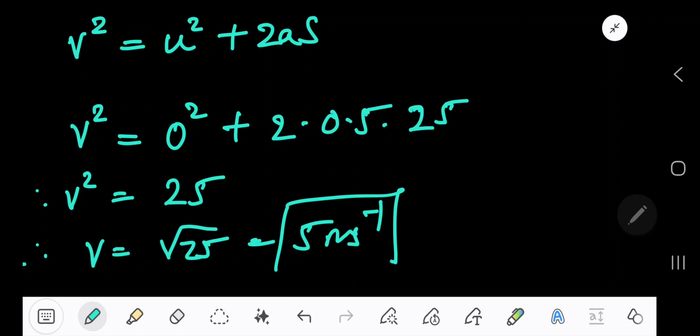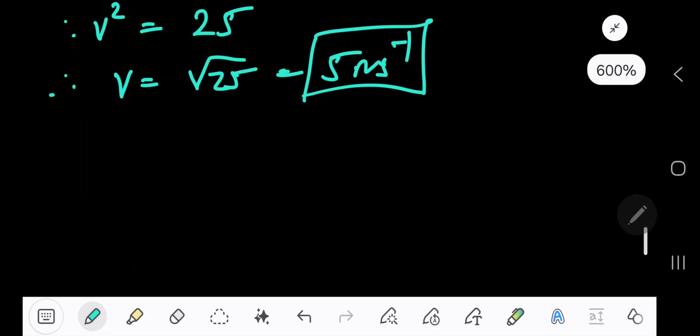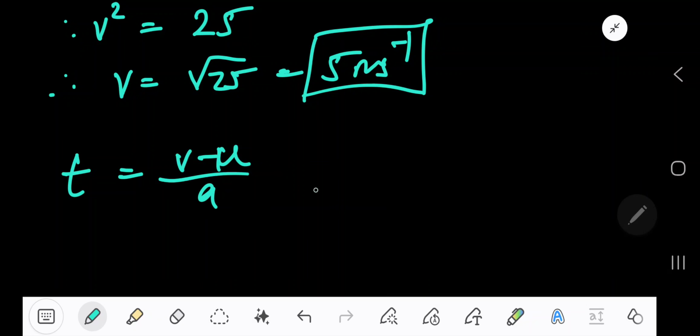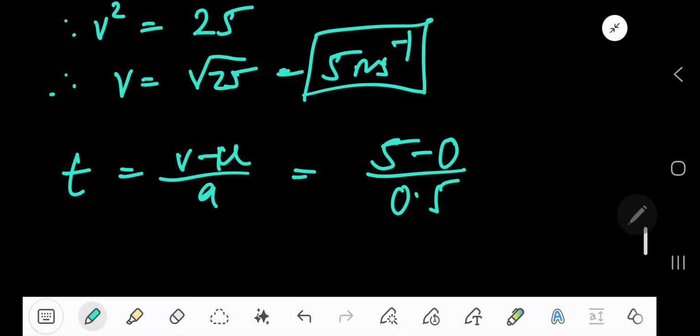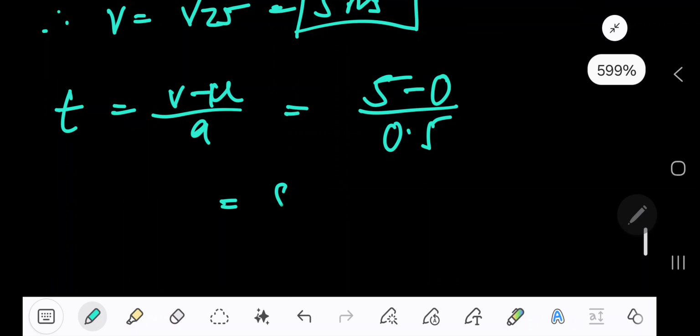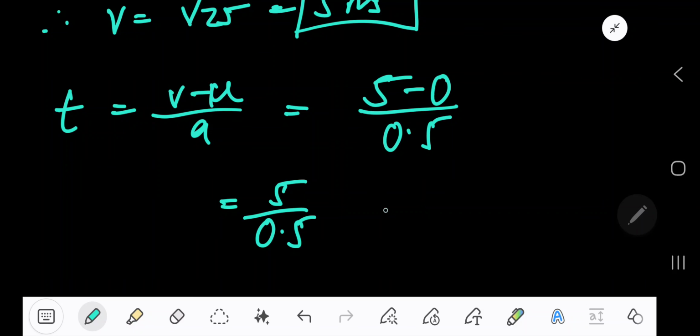So our final velocity is 5 meter per second, and then we have to find the time taken. So t equals v minus u by a, which equals 5 minus 0 by 0.5, which equals 10. Oh sorry, 10 seconds. And that's the answer.